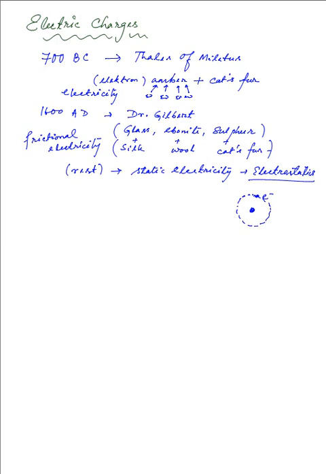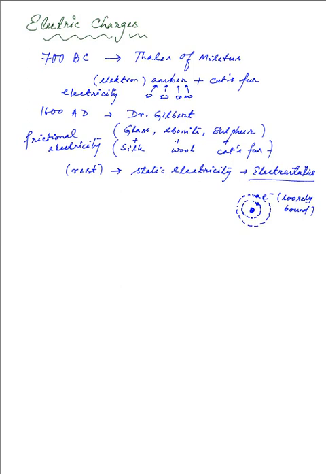It is this outermost electron which has a fair chance of getting detached from that atomic structure, because it is pretty loosely bound, as opposed to the other electrons which are in the inner circles of the atomic structure.